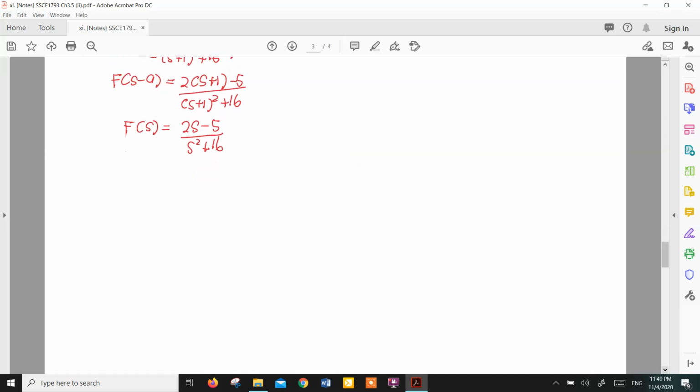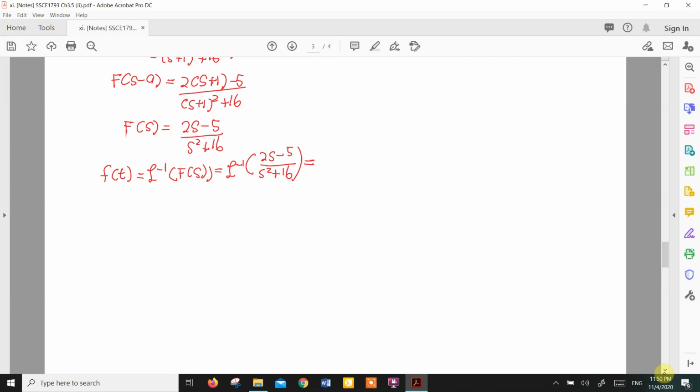So I have to get the f(t) function. f(t) is equal to the inverse of F(s), so it is equal to the inverse of (2s minus 5) over (s square plus 16).